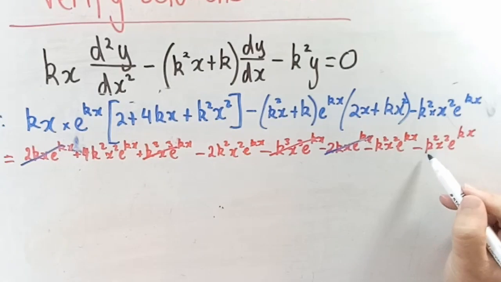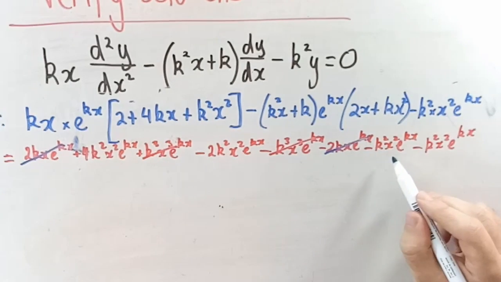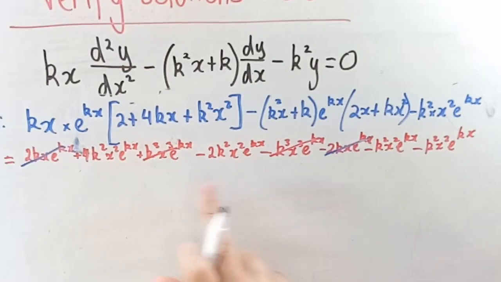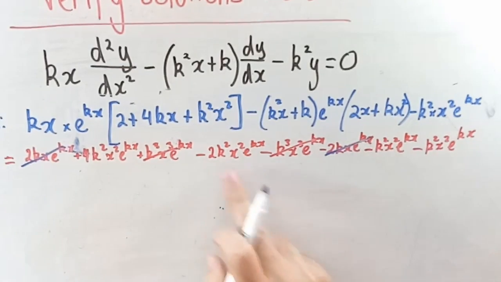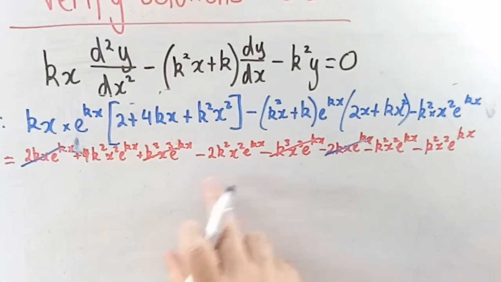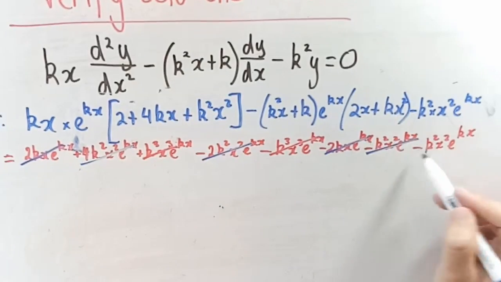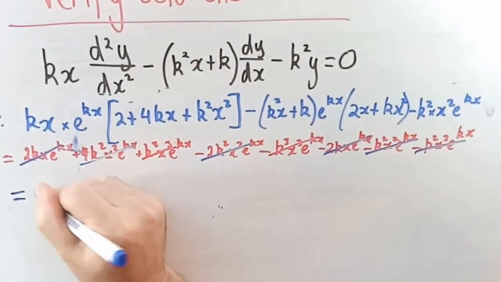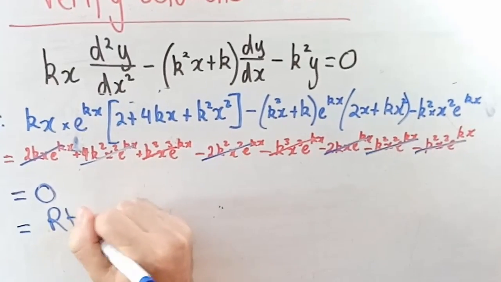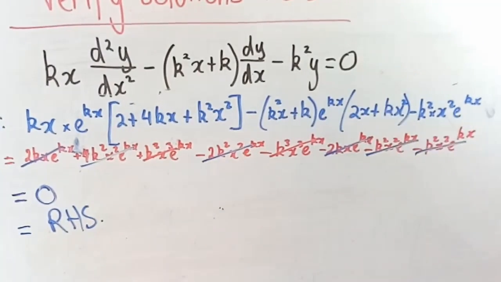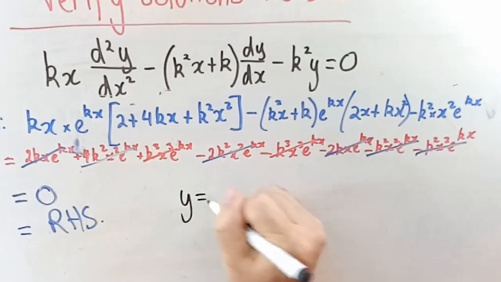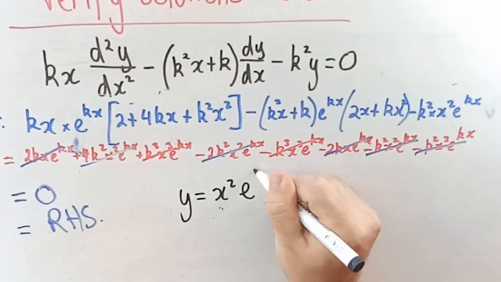Now here I've got k squared x squared terms: minus 4 of them, 1, 2 plus 2, that's 4. Minus 4 plus 4, they all cancel out. And the whole thing equals 0, which is the right-hand side of our differential equation. We have verified our solution of y equals x squared e to the kx.